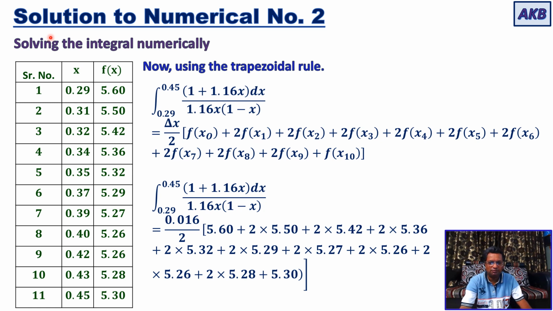Now we are using the values of function at various x, so it is 5.60 plus 2 into 5.50 plus 2 into 5.42 plus 2 into 5.36 plus 2 into 5.32 plus 2 into 5.29 plus 2 into 5.27 plus 2 into 5.26 plus 2 into 5.26 plus 2 into 5.28, and the last value is 5.30.